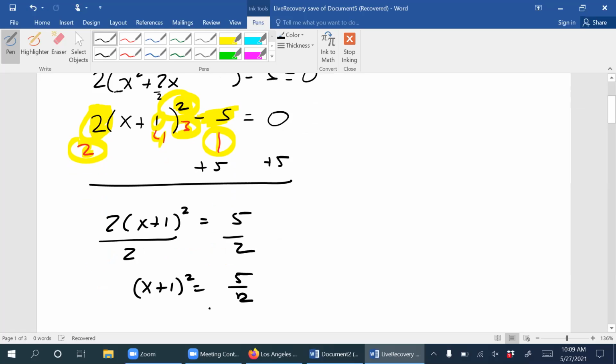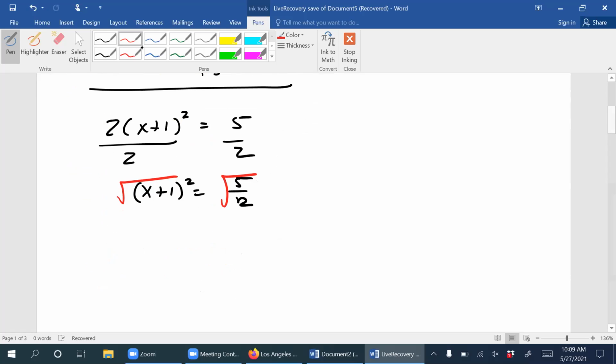Okay, now how do I get rid of the squared? We take the square root to both sides. And we're left with x plus 1 is equal to plus and minus the square root of 5 over 2. Last step is we're going to minus 1 to both sides.